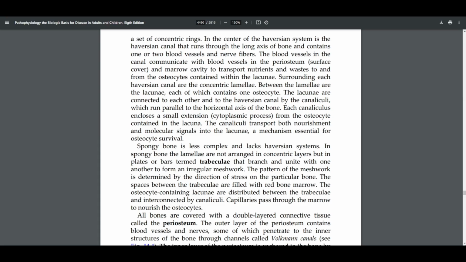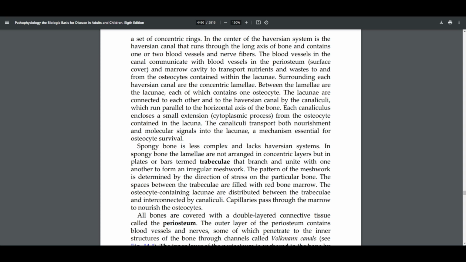The blood vessels in the canal communicate with blood vessels in the periosteum and marrow cavity to transport nutrients and waste to and from the osteocytes contained within the lacunae. Surrounding each Haversian system or canal are the concentric lamellae. Between the lamellae are the lacunae.